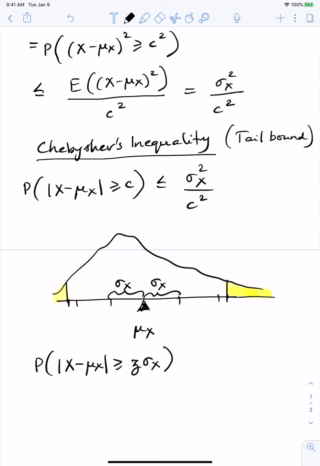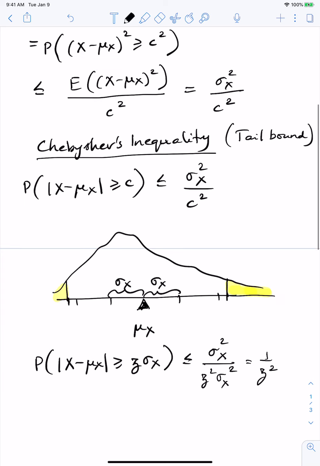And Chebyshev's inequality tells me that this is then less than the variance relative to the square of my constant, and that is 1 over z squared. And that is the form in which you had seen Chebyshev's inequality in Data 8.